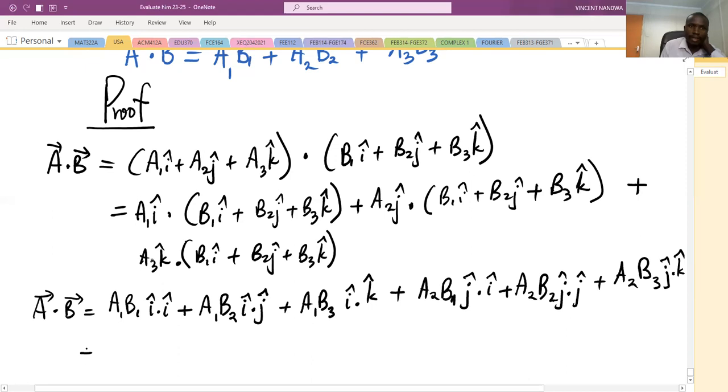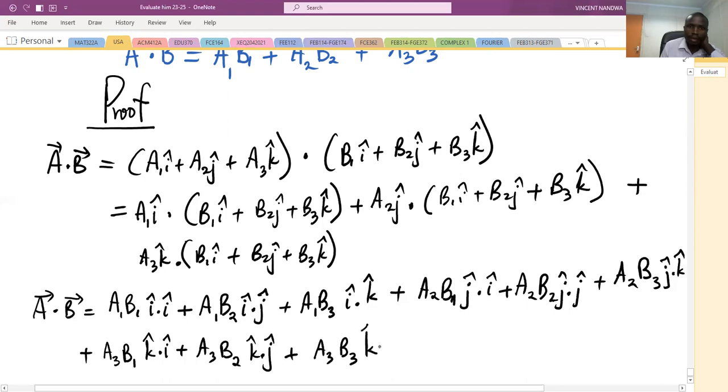And then plus, here we have A3 B1 k dot i, plus A3 B2 k dot j, plus A3 B3 k dot k.